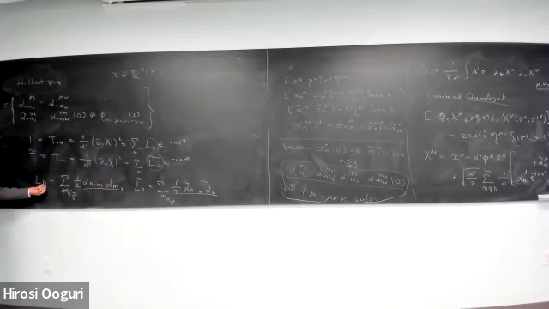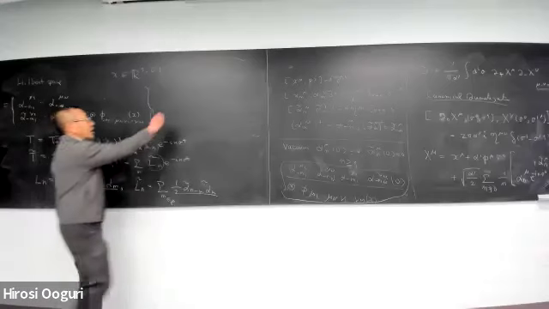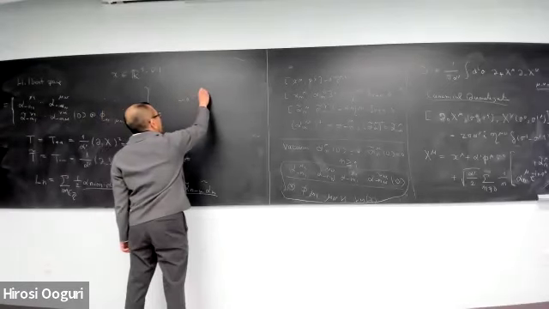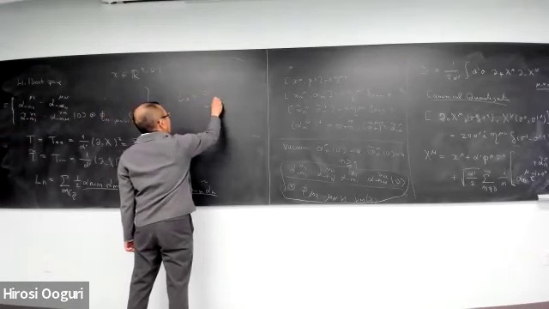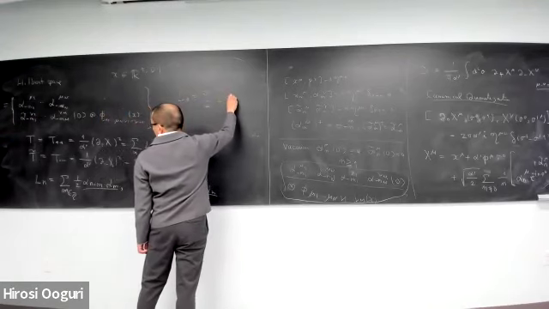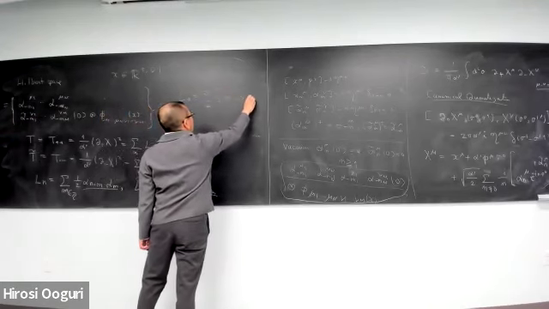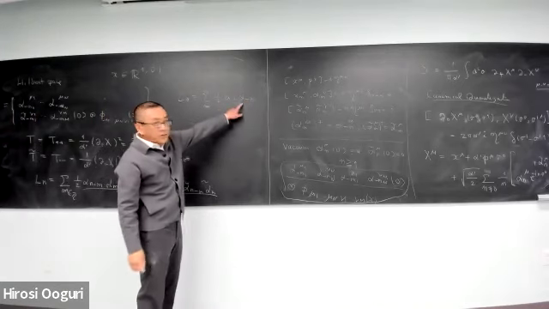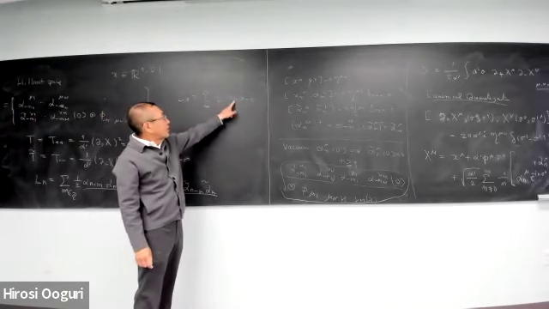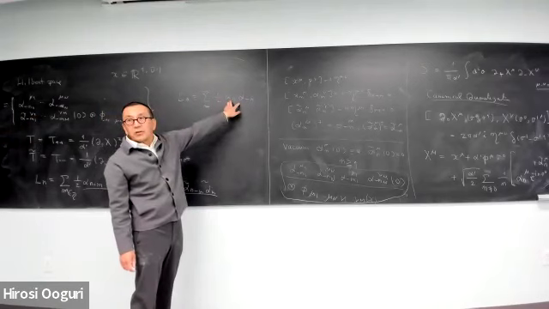But when n is zero, you have L0, which is the sum over m of 1/2 alpha m alpha minus m. Then there is an ambiguity, because these two operators don't commute with each other.